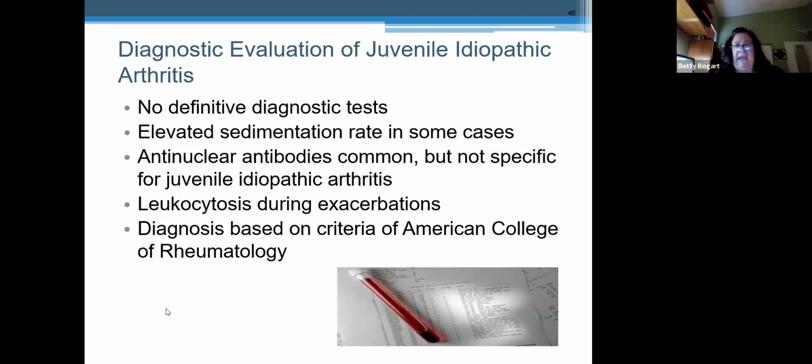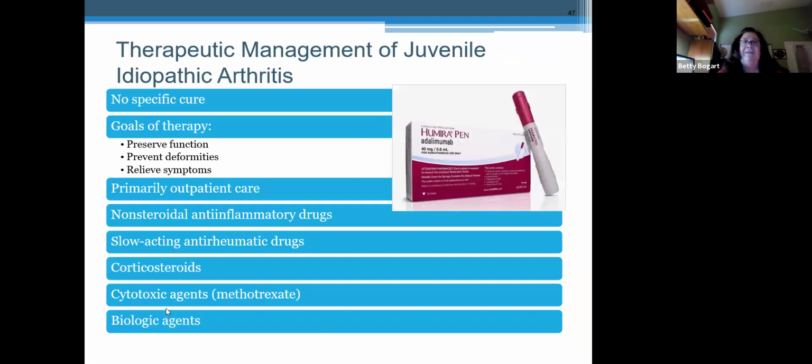Usually in JIA, you will see positive inflammatory factors. You're going to see the CRP, the C-reactive protein. You're going to see your sedimentation rate up. You're going to see positive ANAs, positive rheumatoid arthritis factors. And sometimes they're negative, sometimes they're positive. So again, hard to figure out.